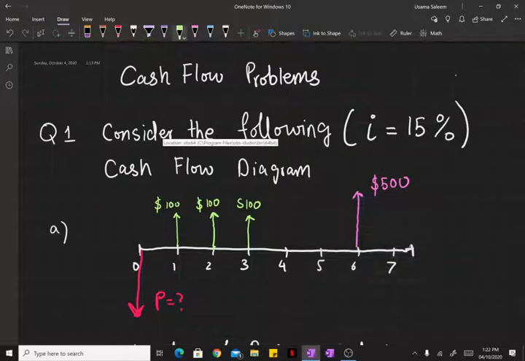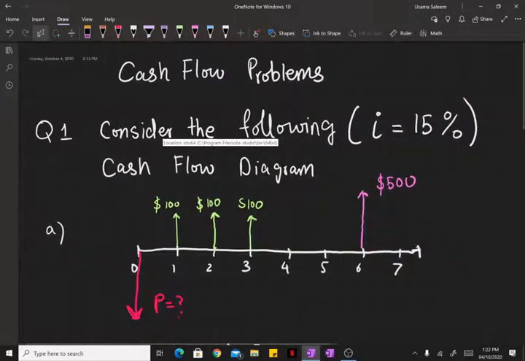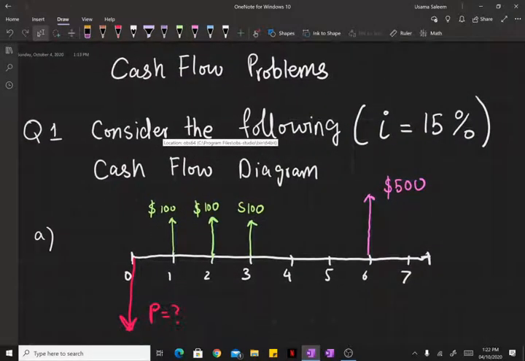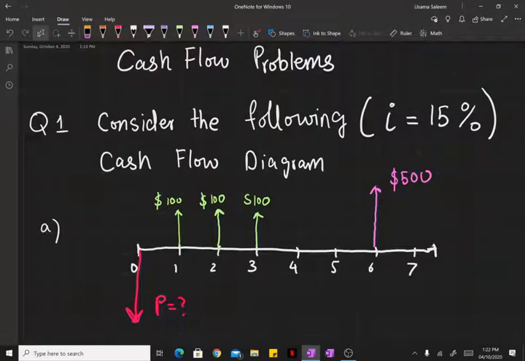Hey everyone, welcome back. In this video, we're going to look at more examples of cash flow problems. So, here in question 1, we have a cash flow diagram that's been given to us, and the interest rate is 15%.